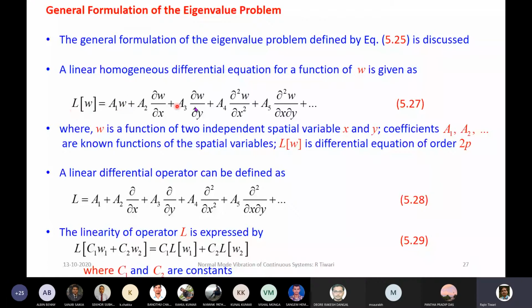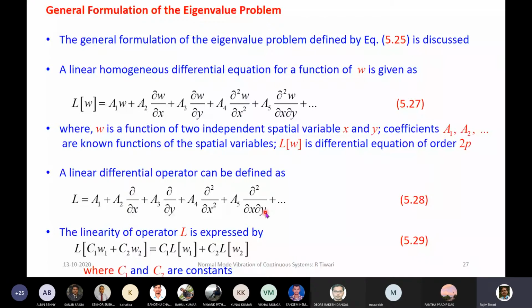So if we remove W from the right side, the L operator can be expressed in this form. If we apply the L operator to W, then these derivatives will come. So this is a general two-dimensional linear differential operator L.